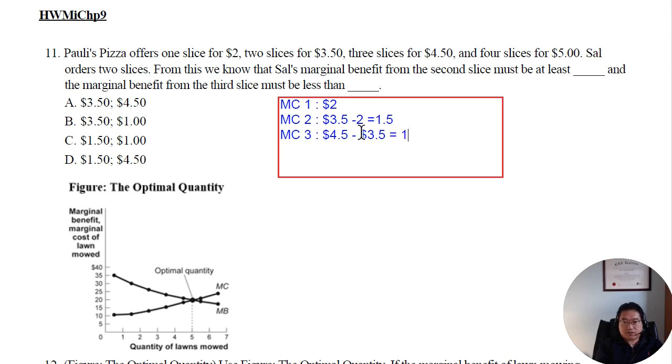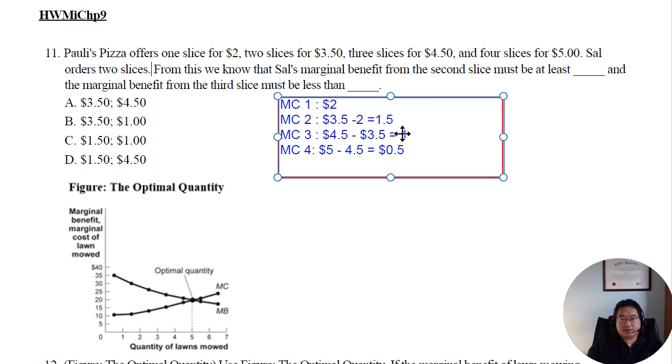So the marginal cost of the third slice is $1, and we can even just extend that to the fourth slice, which is $5 minus $4.50, which means the fourth slice is really inexpensive, only $0.50. And what we know is that Sal only bought two slices.